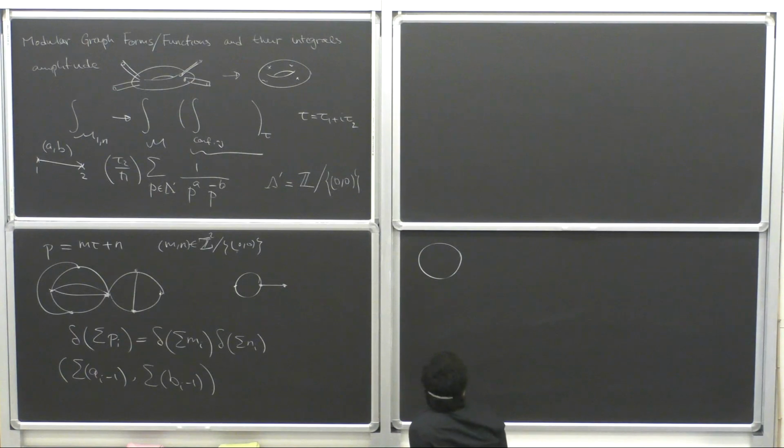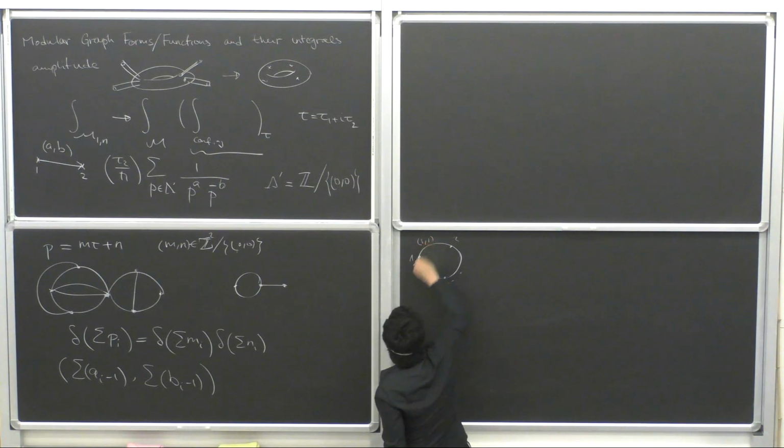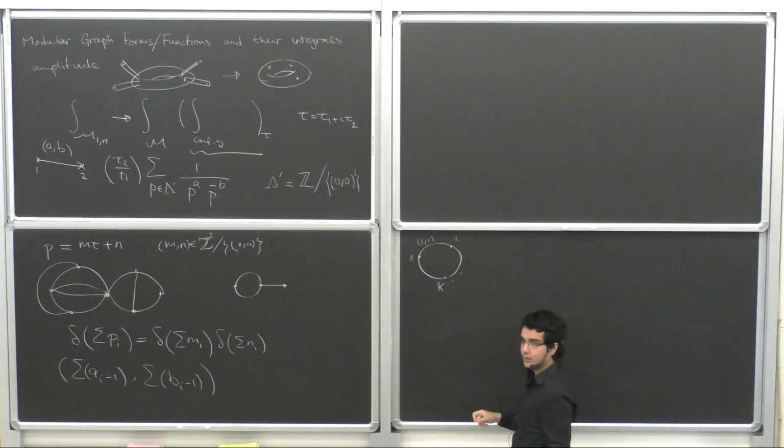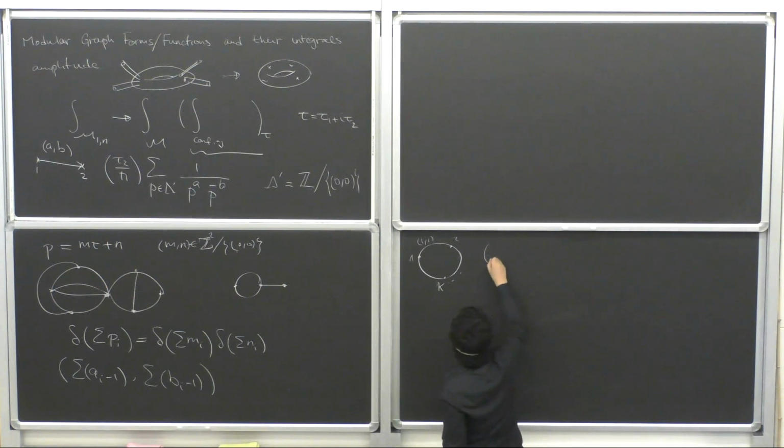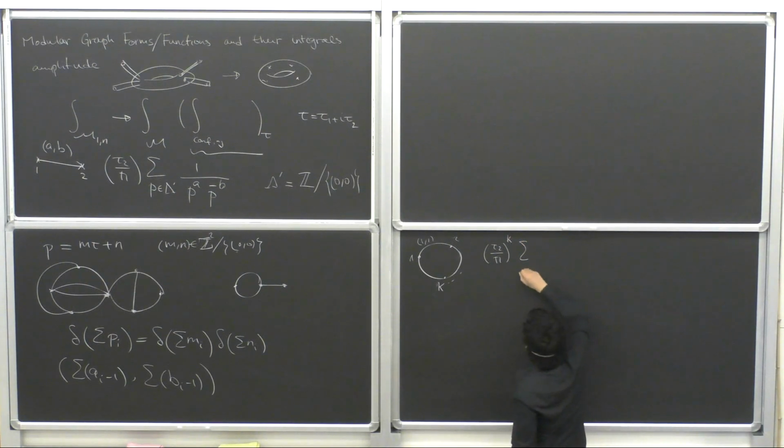So, let's have edges 1, 2, all the way up to k, and let each of them be 1 and 1. Then the function would be tau2 over pi to the k, sum over p with prime, 1 over |p| to the 2k.